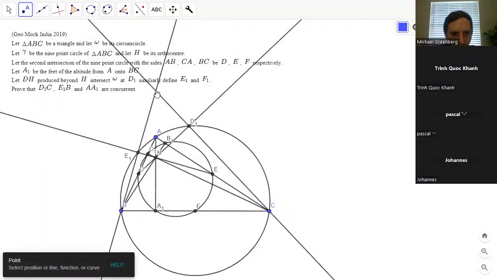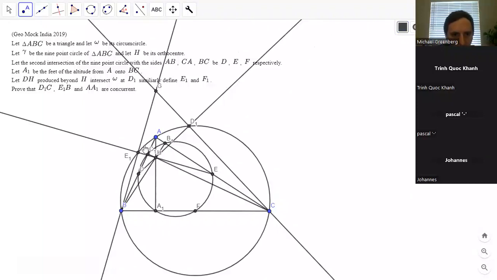We want to show those concur. Is this a right angle right here, H D1C? It almost looks like it, but I'm not sure. Oh yeah, then it would be true by the radical axis theorem if that were the case. Then the problem would be trivial.